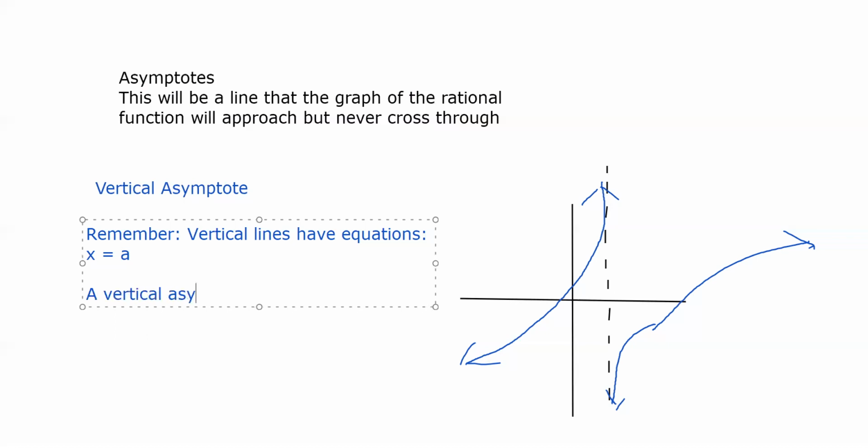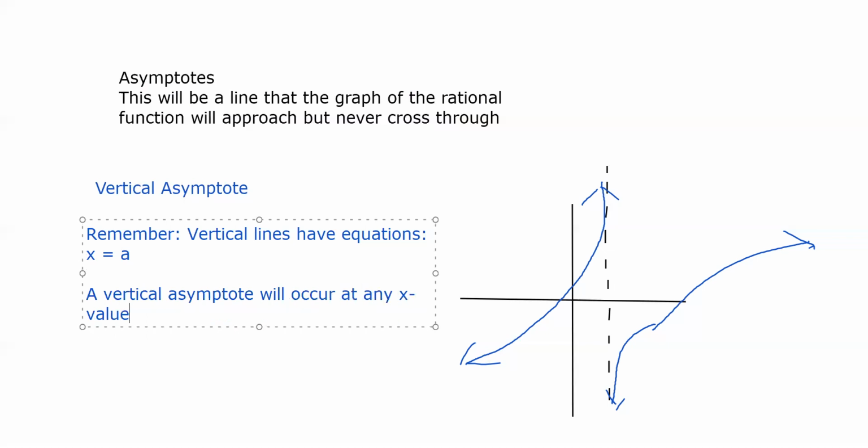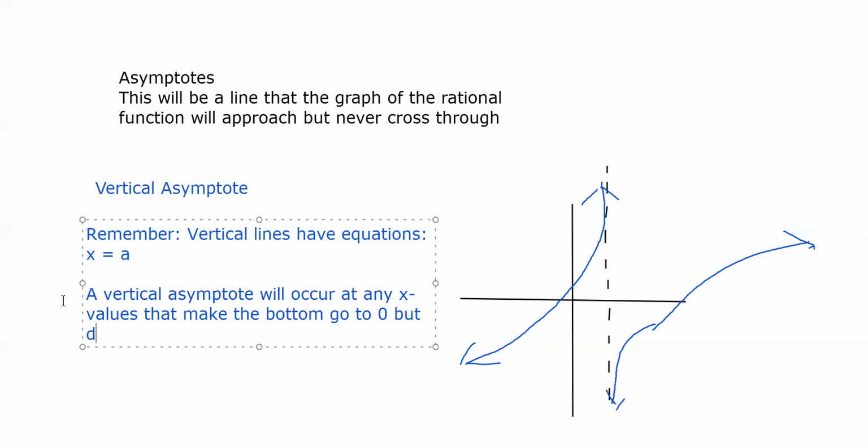a vertical asymptote, specifically, let me specify, will occur at any x values that make the bottom go to 0, but do not make the top go to 0.